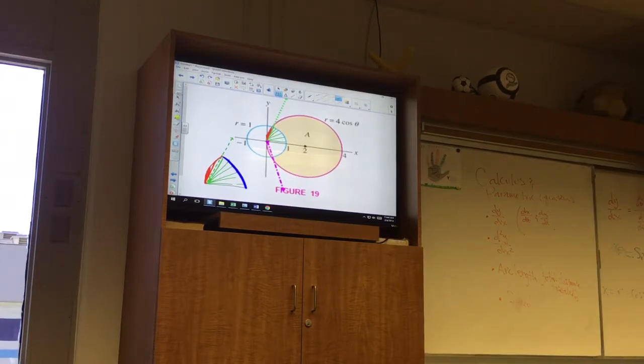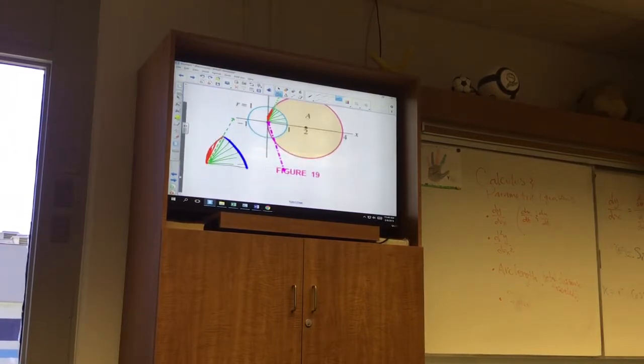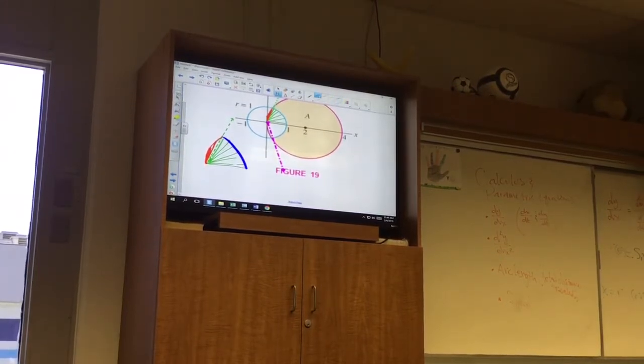And so the area of A is going to be based on a few different things. So the area of A is equal to pi times r squared. What's the radius of that circle? 2. Minus whatever's going on there.